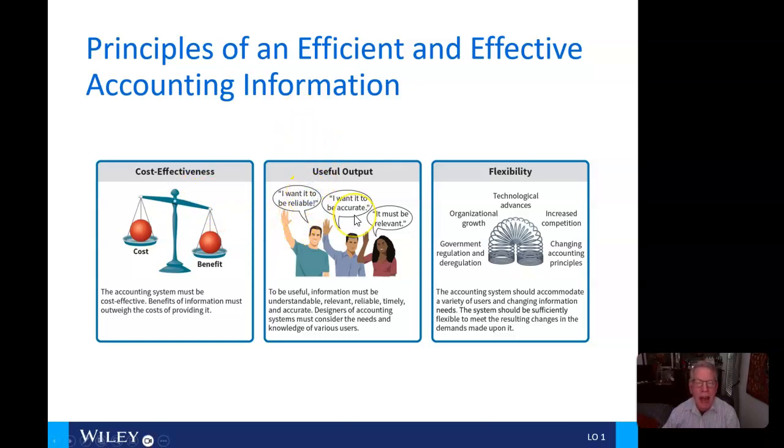We want it to be accurate, and we want it to be relevant. So we want that data to be useful. And if it fulfills those 3 requirements, it will be. So we need to look at making it flexible as well. Here we have technological advances, increased competition, etc., etc.